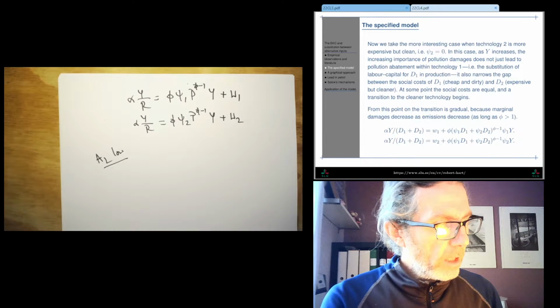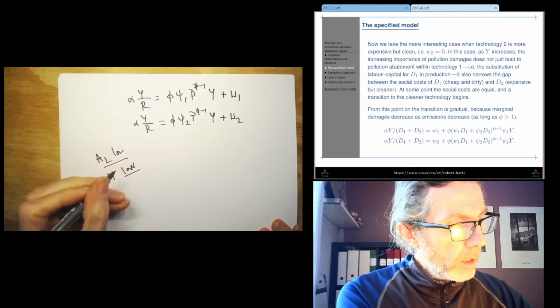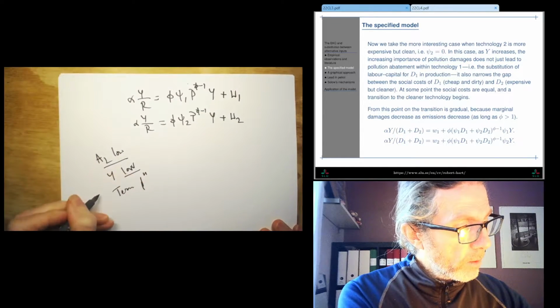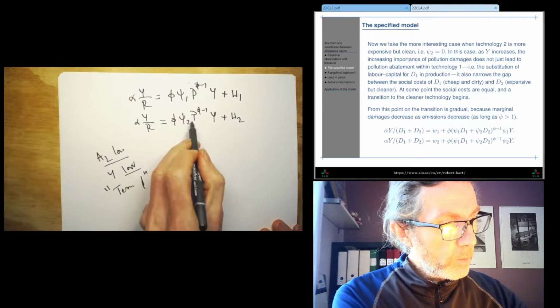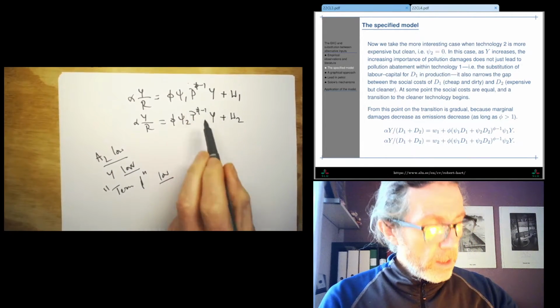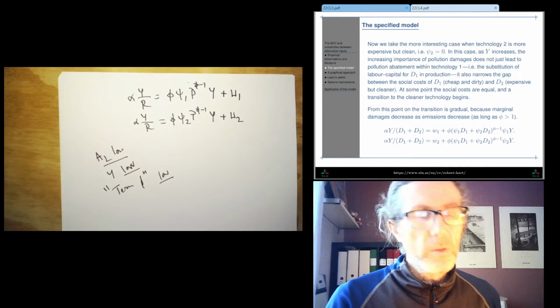So when AL is low, Y is low, so the term 1, so to speak, the pollution term, these ones are low, so they are irrelevant, and we choose the cheapest resource.